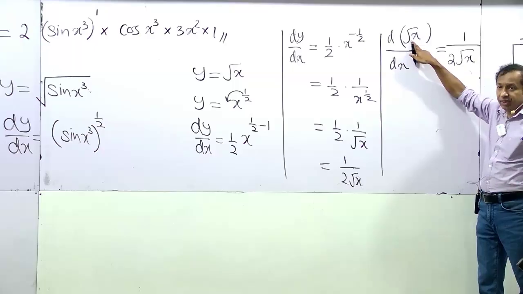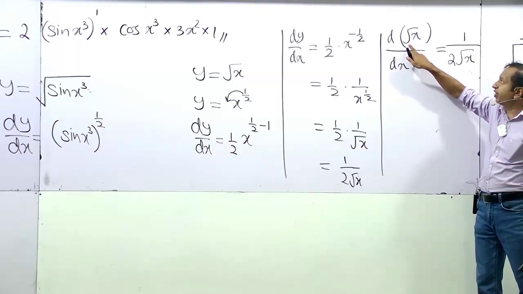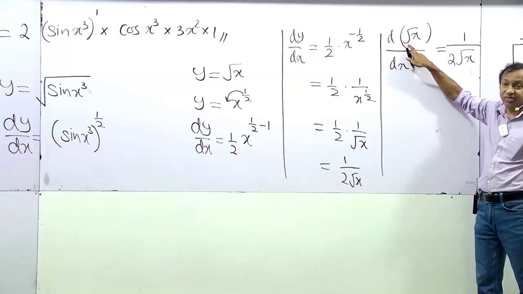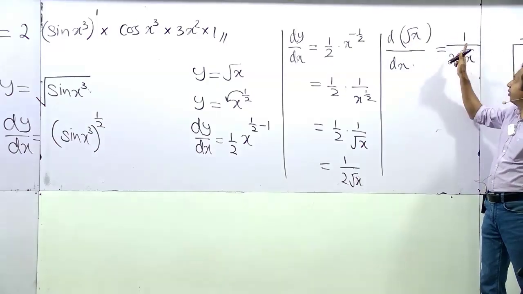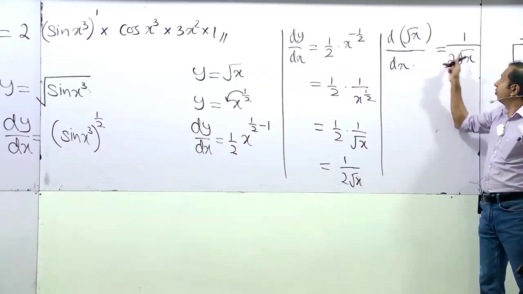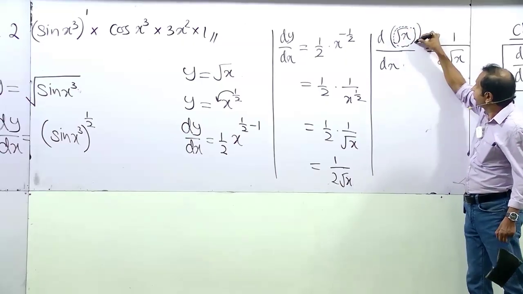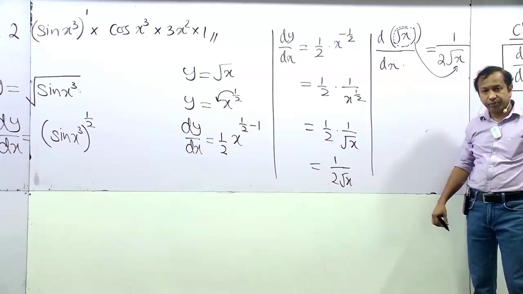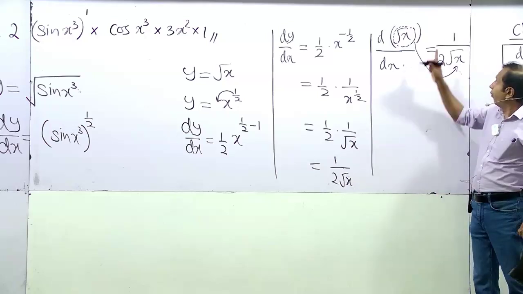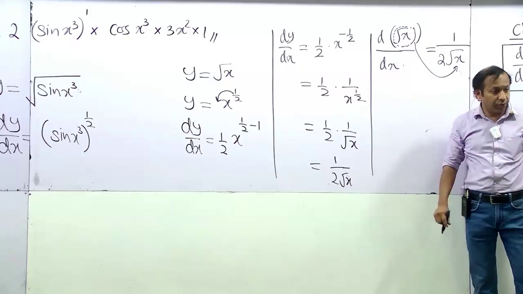When we differentiate root of something, what is the answer? 1 divided by 2 times the same thing coming here. 1 divided by 2 times the same thing is the derivative of root.